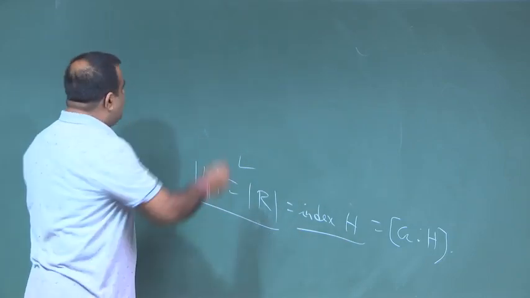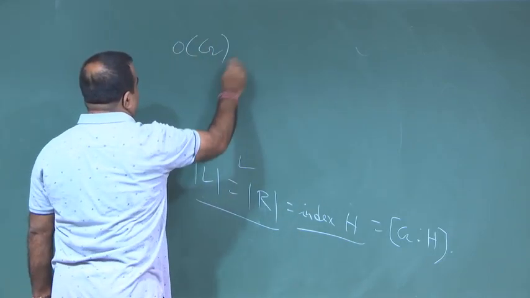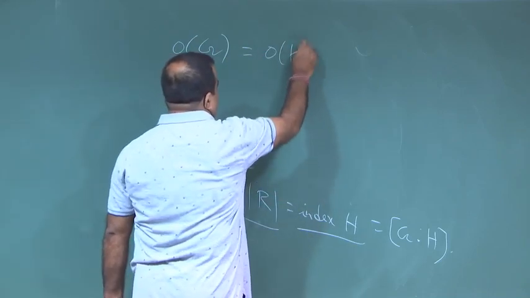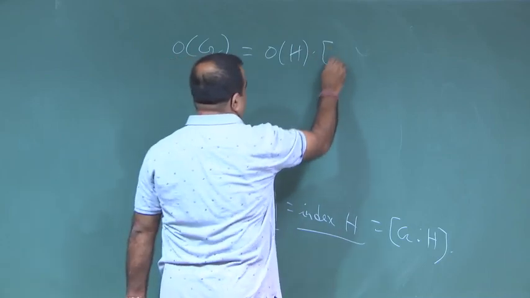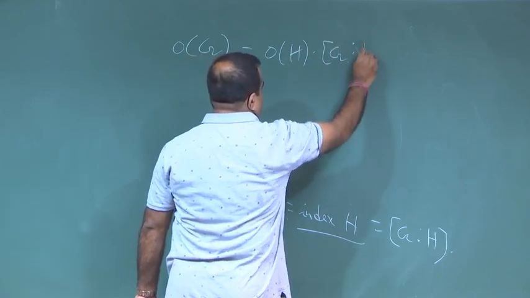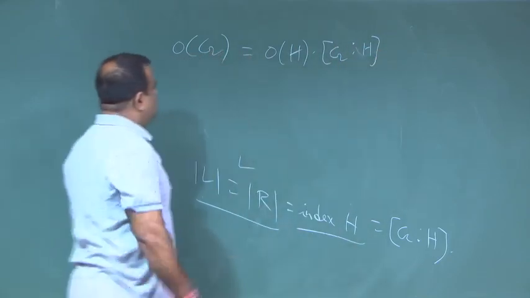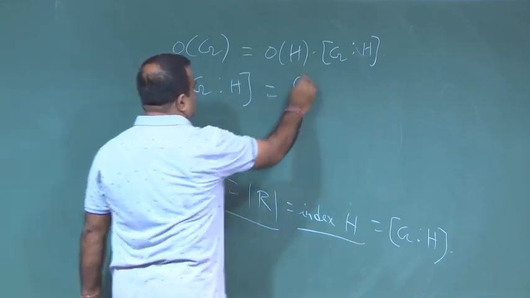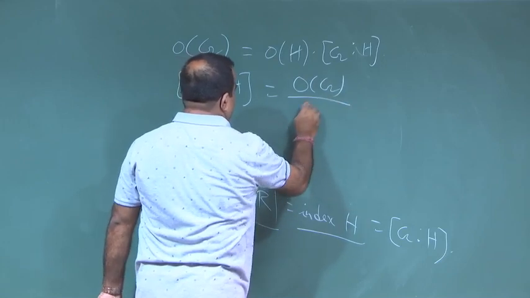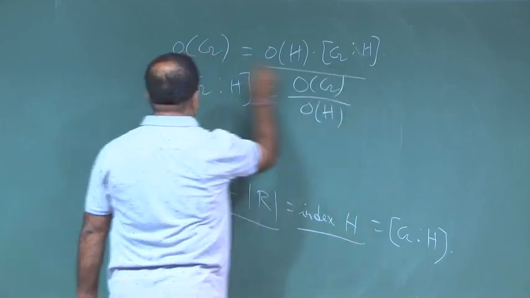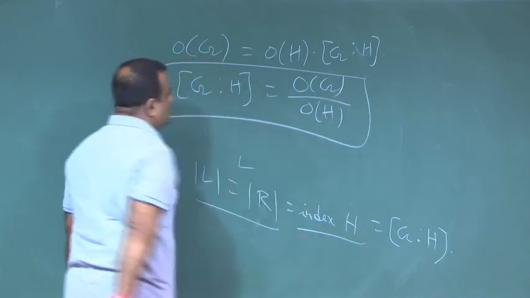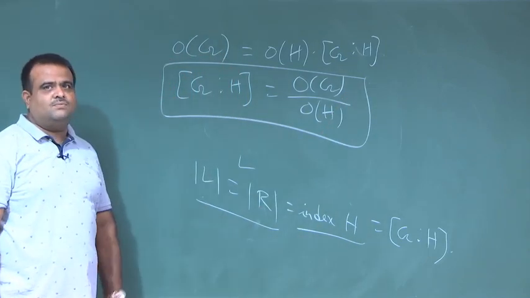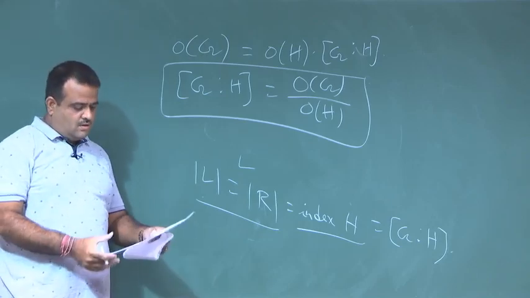Now, if G is finite, then the order of G is basically the order of H into the index of H. So, basically the index of H is the order of G divided by the order of H. So, this is when G is finite. Okay. Thank you.